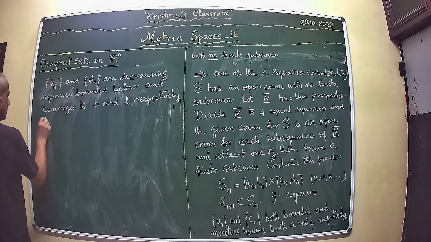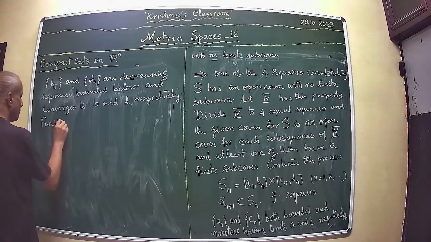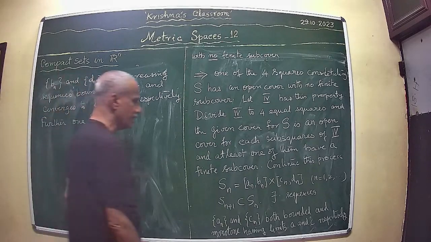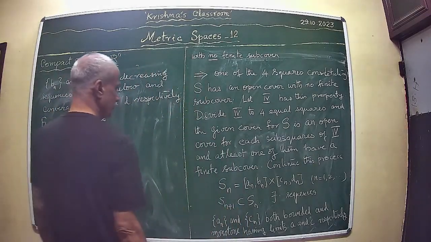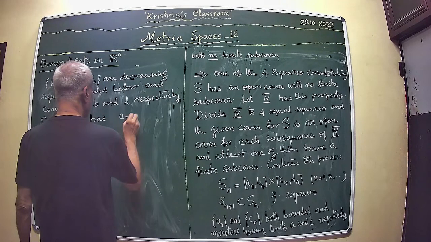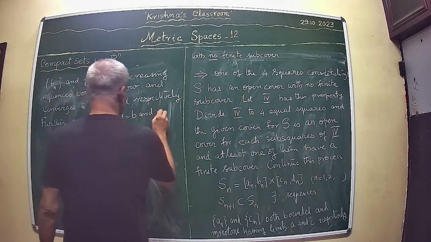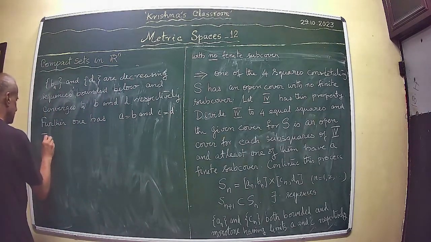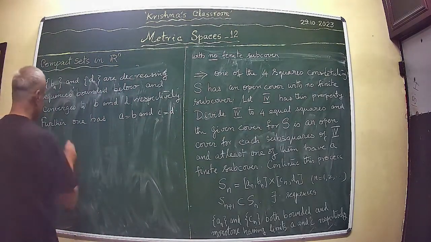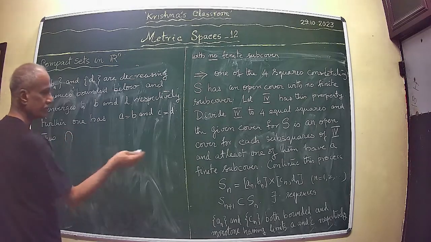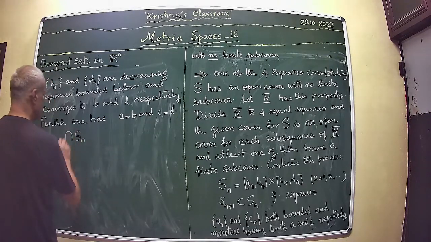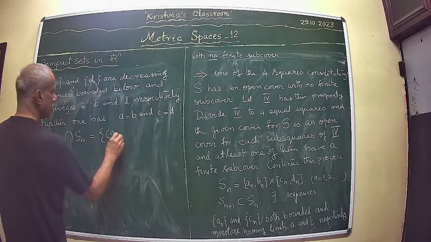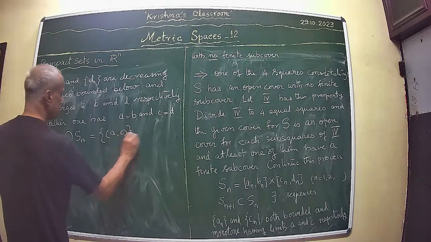Further, one has A equal to B and C equal to D. Thus, the intersection of these cells is the singleton point.